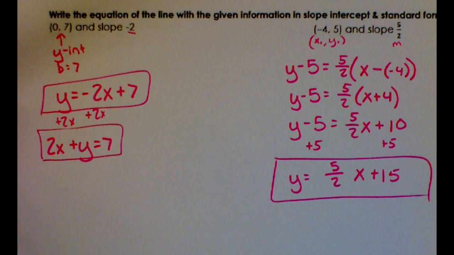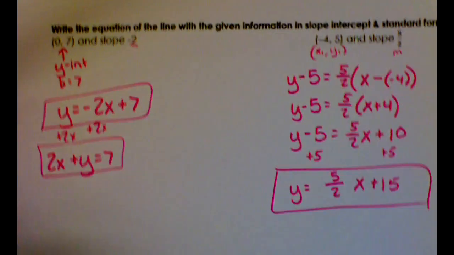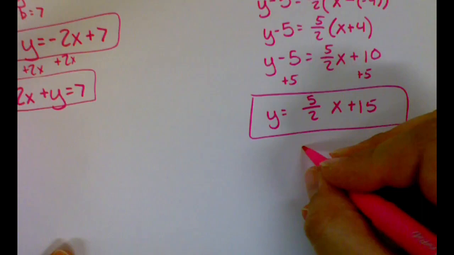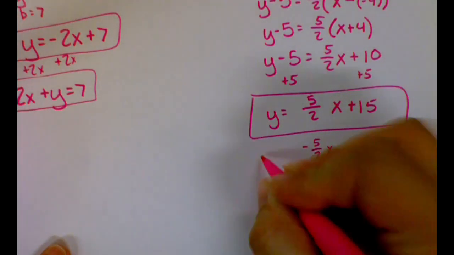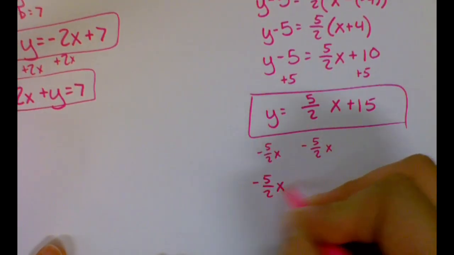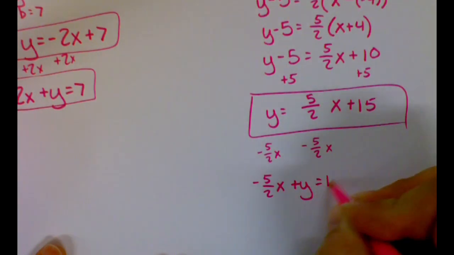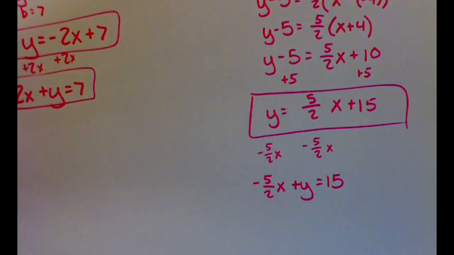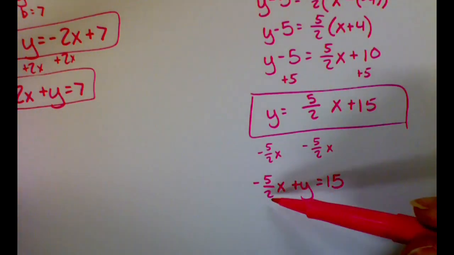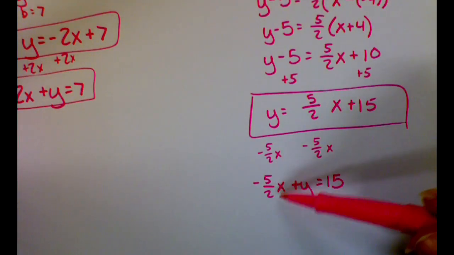Alright, now we want to get to standard form though. For standard form, we get the x's to the same side, so subtract 5 over 2 x. Put the x's first. And then we need everything to be whole numbers. They're not. And the x has to be positive, which it's not. So to make it a whole number, I just need to multiply by 2.